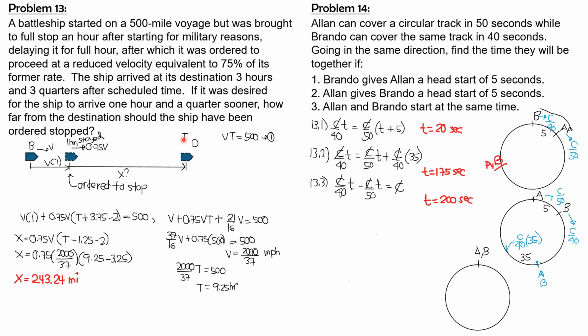Take note that arriving at the destination, the travel time for this part is the time of arrival, which is the expected time the battleship should be here, which is t, then it exceeds by 3 hours and 3 quarters, plus 3.75 minus 2, because the battleship stayed here for 1 hour travel time, then another 1 hour delay.